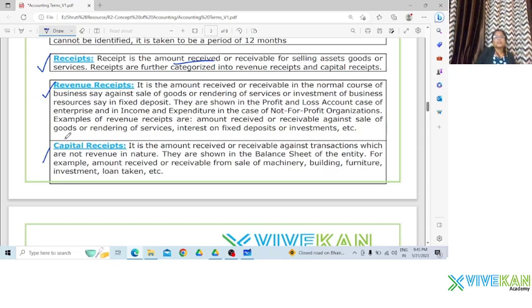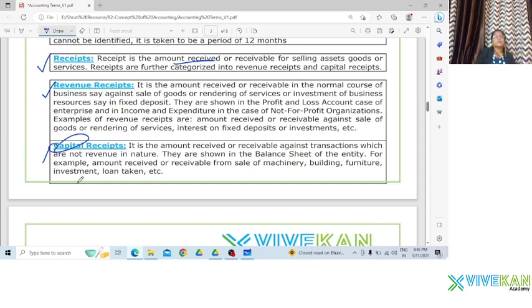Revenue means that in the normal operations we are doing sales, so in this you'll get a revenue receipt, in the nature of normal course of business. That is called your revenue receipts. It's related to your normal earning revenue, that is sales.